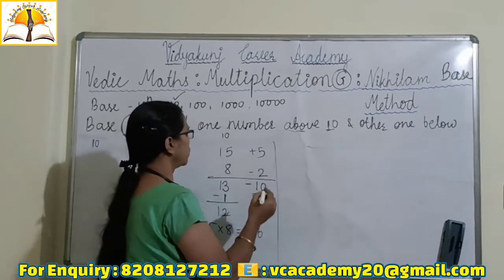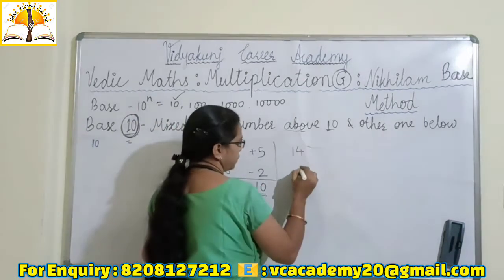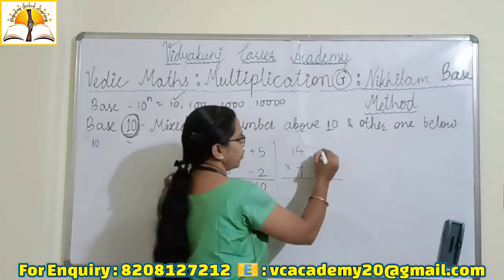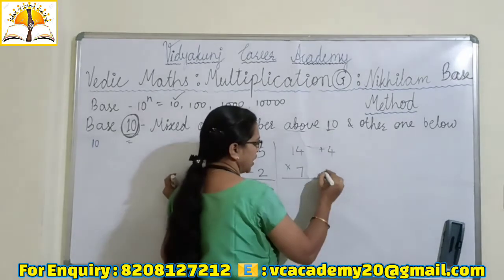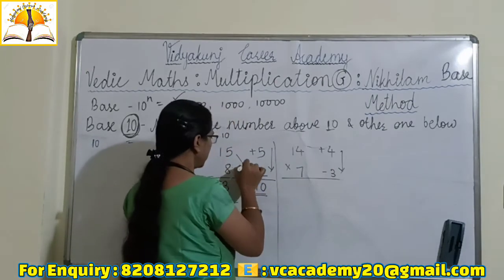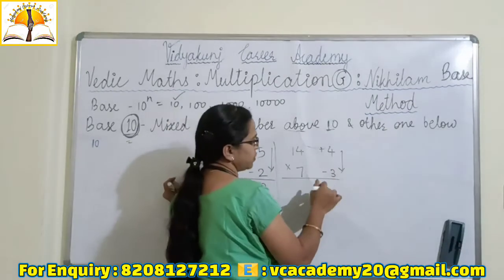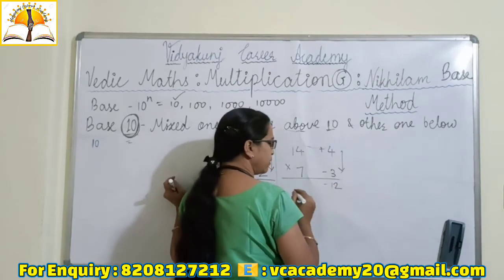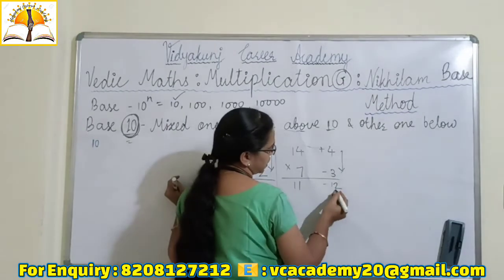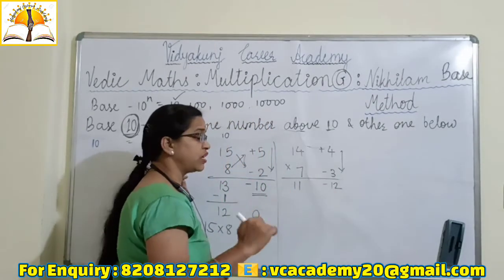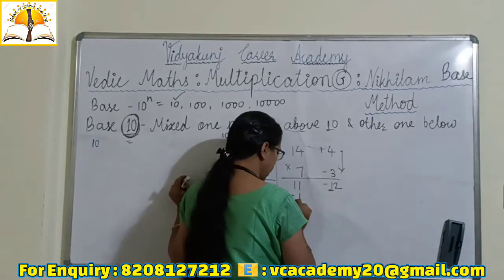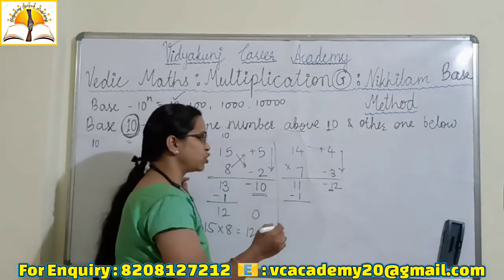This is one sum. Now next I will take 14 into 7. 4 will be plus 4 and here minus 3. Then I have to do multiplication. Here will be minus 12, and 14 minus 3, 11. See here, these are two digit numbers. We always have to keep one digit number, so this one I have to subtract. We are not carrying because it is minus.